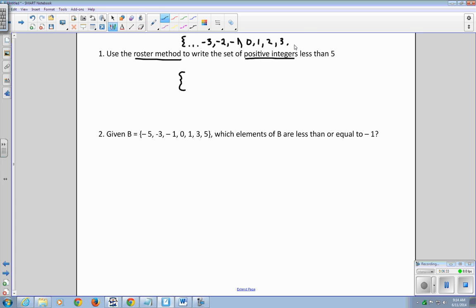And we want to find all of those that are positive but less than 5. Well, we can mark out 0 since that's not going to be a positive number. 0 is sort of a unique case in and of itself.